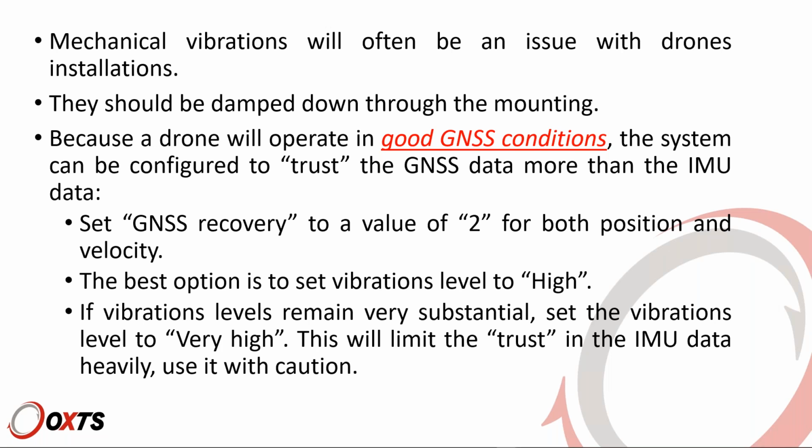So the GNSS will have to keep repeating the same thing 20 times before the system will say, I'm going to believe the GNSS and not believe the IMU. Obviously, that is only if they are disagreeing. If they agree, then we are all happy. If they do disagree, you can specify which one the system should be believing more. When you set it to 2, the system will be very quick to believe the GNSS over the IMU.